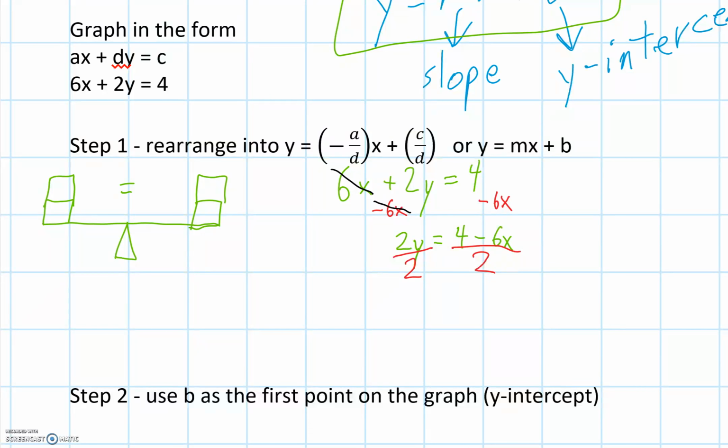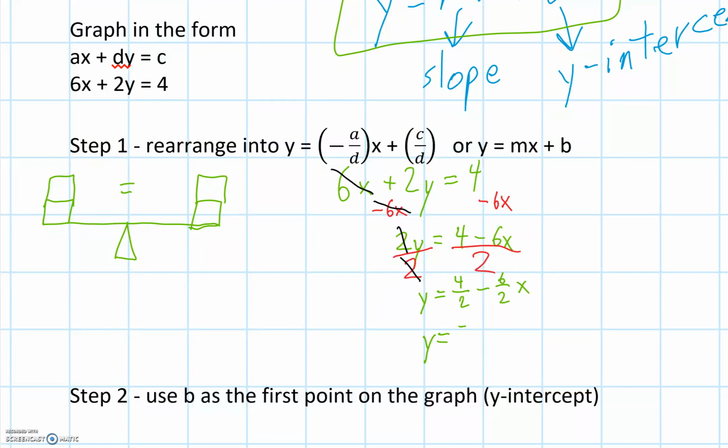Then we have, let's choose green again, y equals 4 divided by 2 minus 6 divided by 2x. Pretty good, but still not quite in the form y equals mx plus b, so I'm going to move stuff around so it looks better. And hopefully you realize that 2 divided by 2 is 1 over 1, which is just 1, so it's like we canceled it.